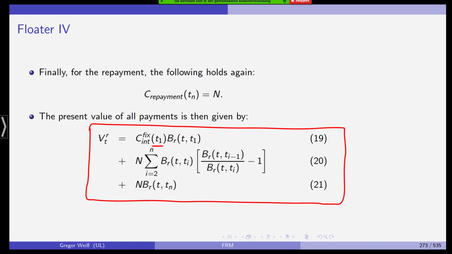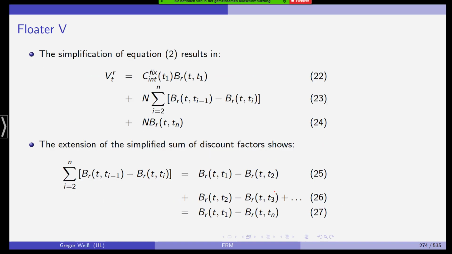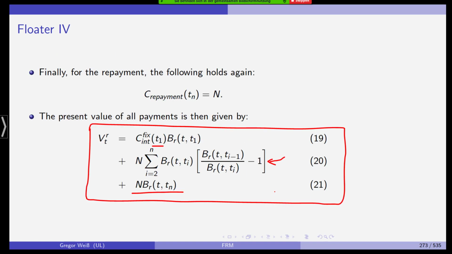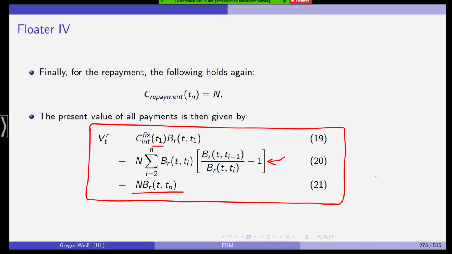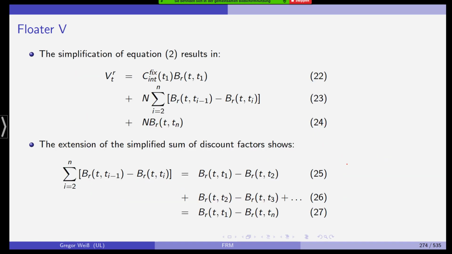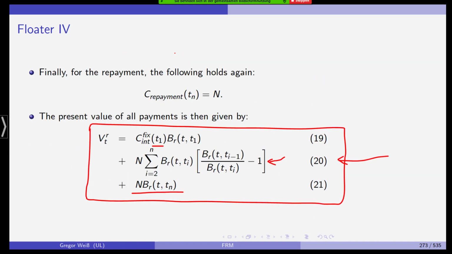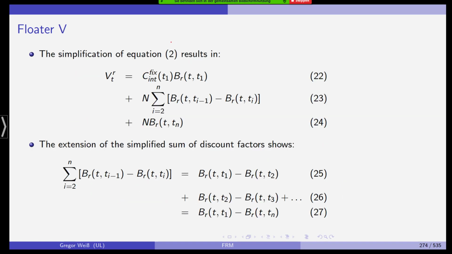First payment already fixed, we know this, notional amount, and everything in between, which is depending on the corresponding forward rates or the spot rates and the discount factors. Now, if we simplify equation 2, actually this should not be equation 2, but actually equation 20, actually 19 to 21, used to be line 2.